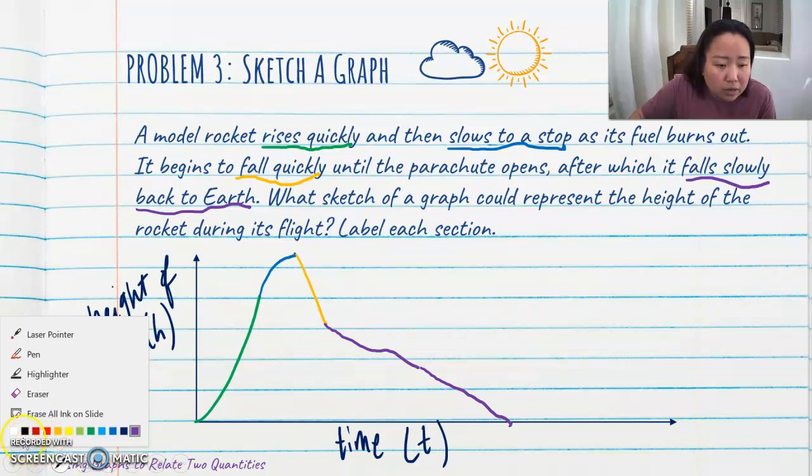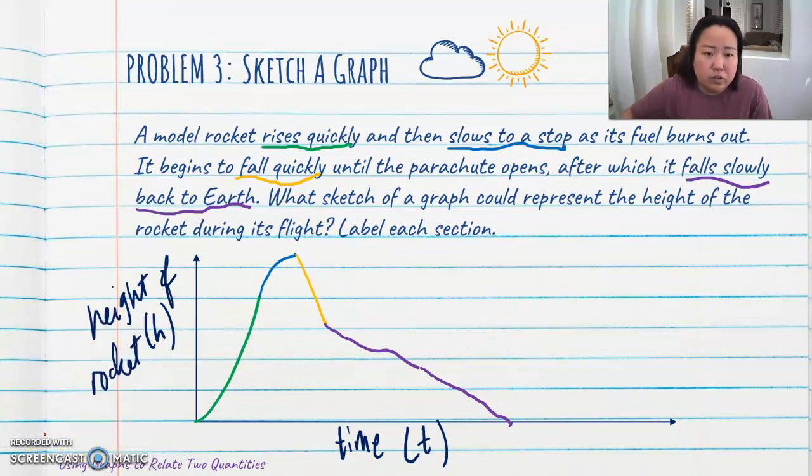So again, let's go over those things here. This is the quick rise. And then this is the stop. This point here, that's the stop. Okay, that's when the burnout happens. And then this point over here, this is when your parachute opens.